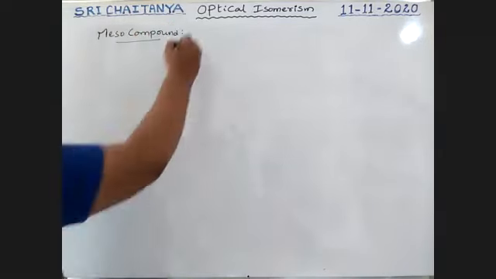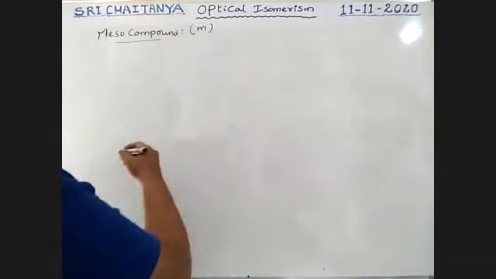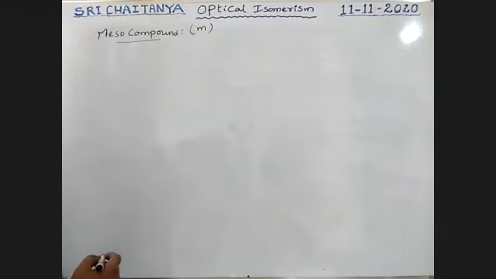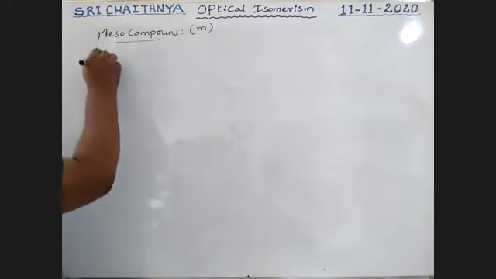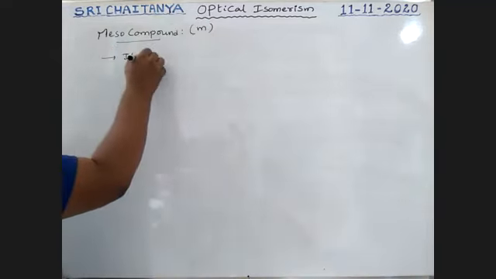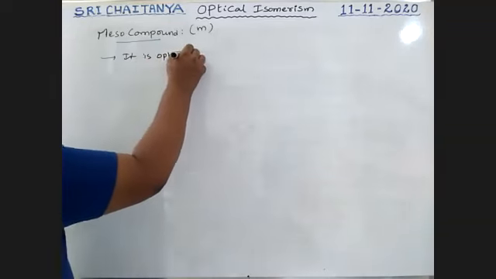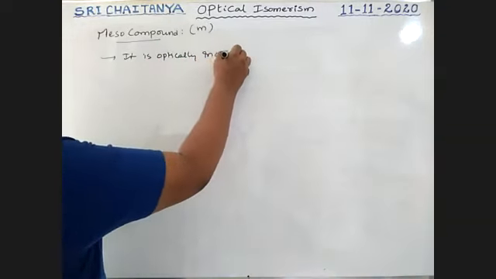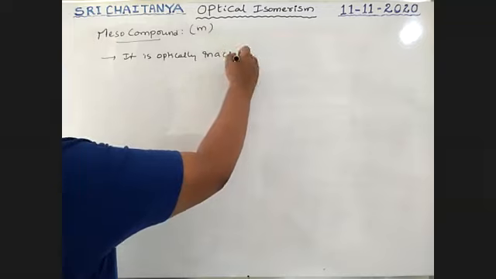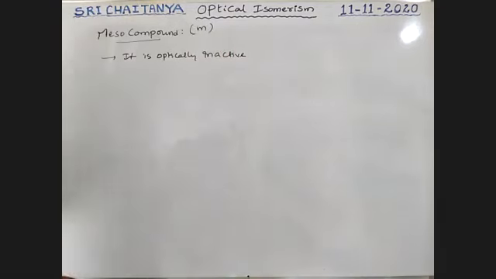A meso compound is indicated with the letter M. It is optically inactive.